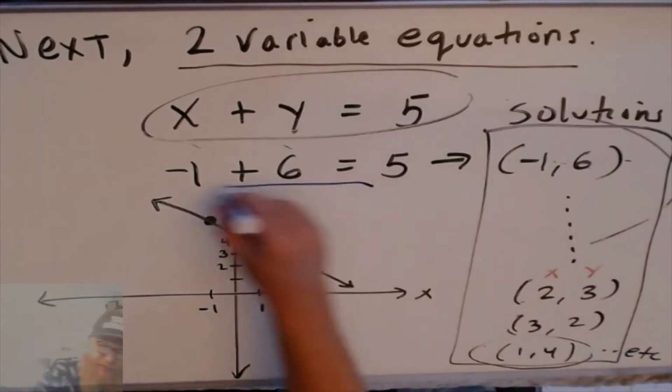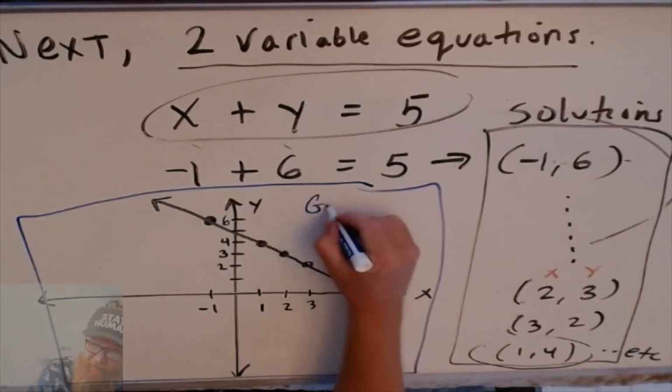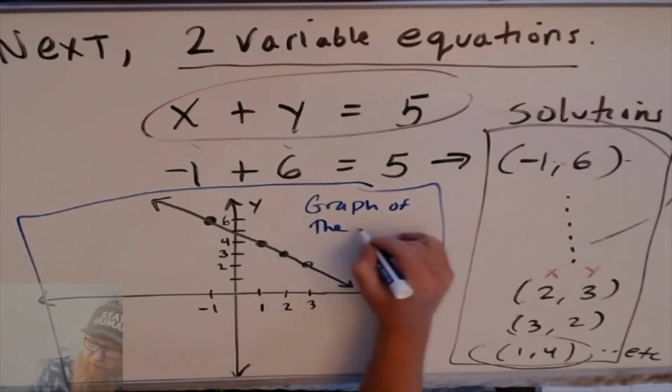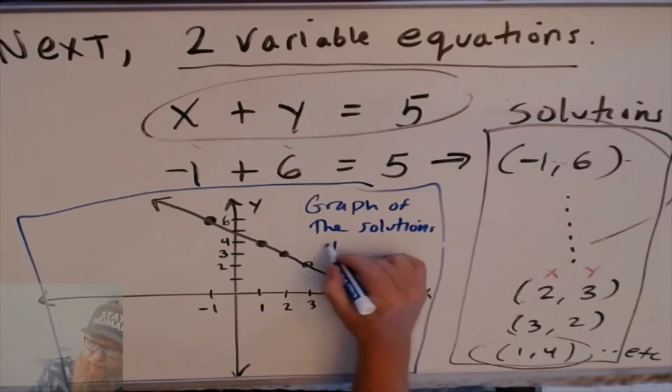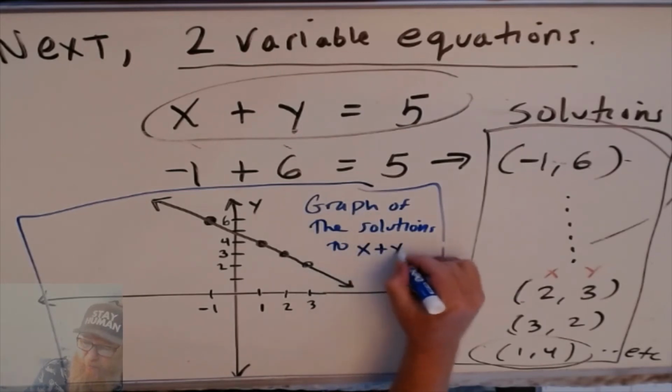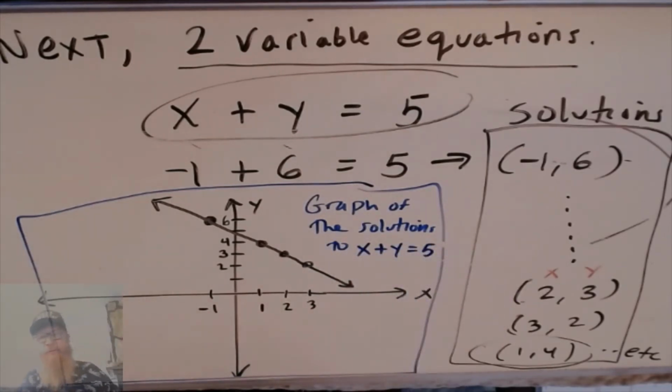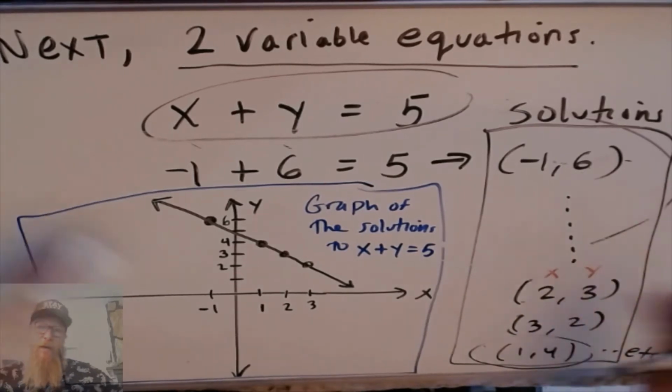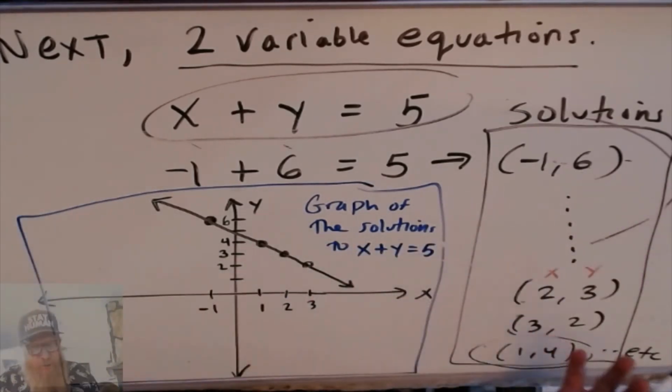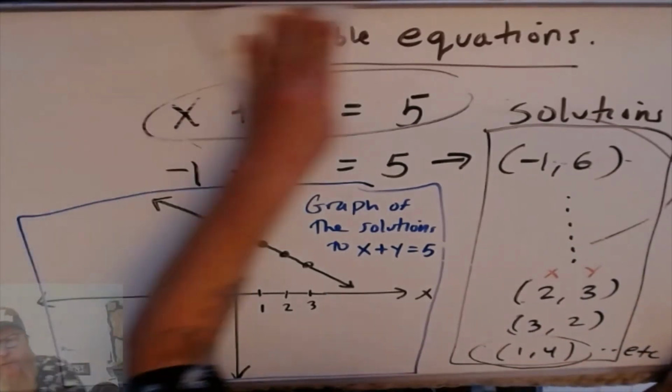And so this is a graph of the solutions to the equation x plus y is equal to 5. This is what we're going to be doing in the rest of the examples for 2.2. I'm really just using this as an introduction, so let's get into the material.